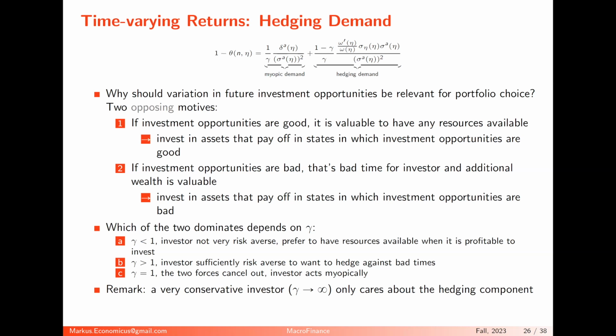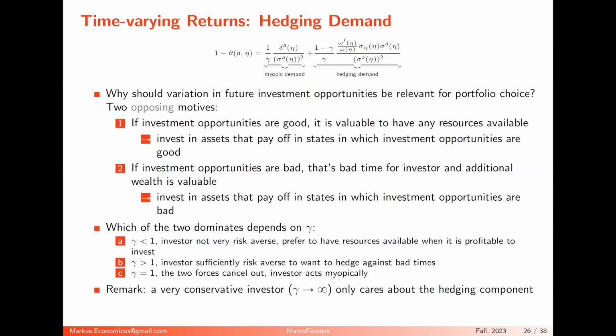And if you have a guy who is really very conservative, so his risk aversion goes to infinity, what's also striking is that he only cares about this term here, because this term goes to 0 and this one doesn't. The hedging demand drives everything.